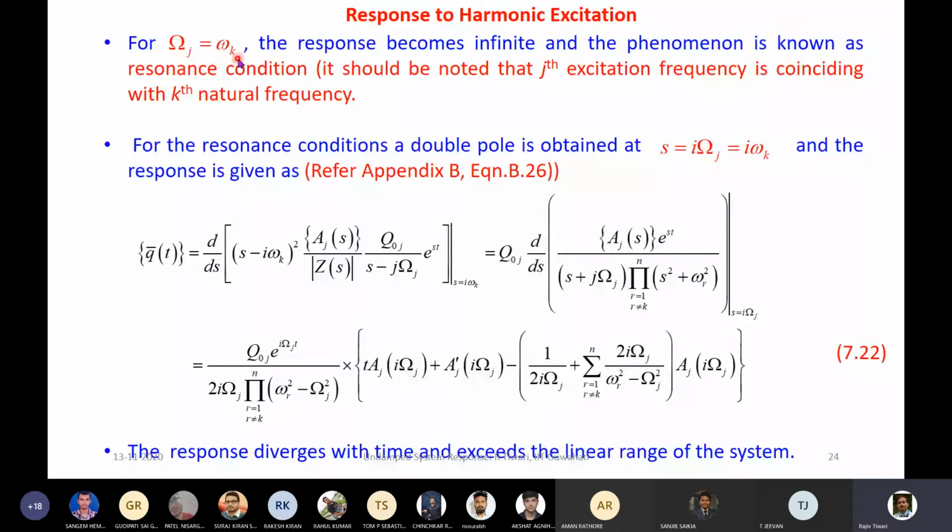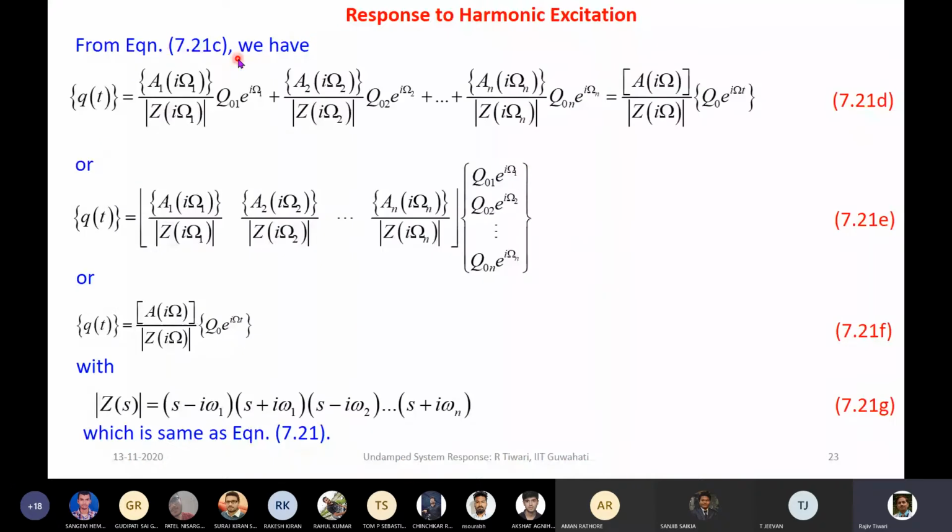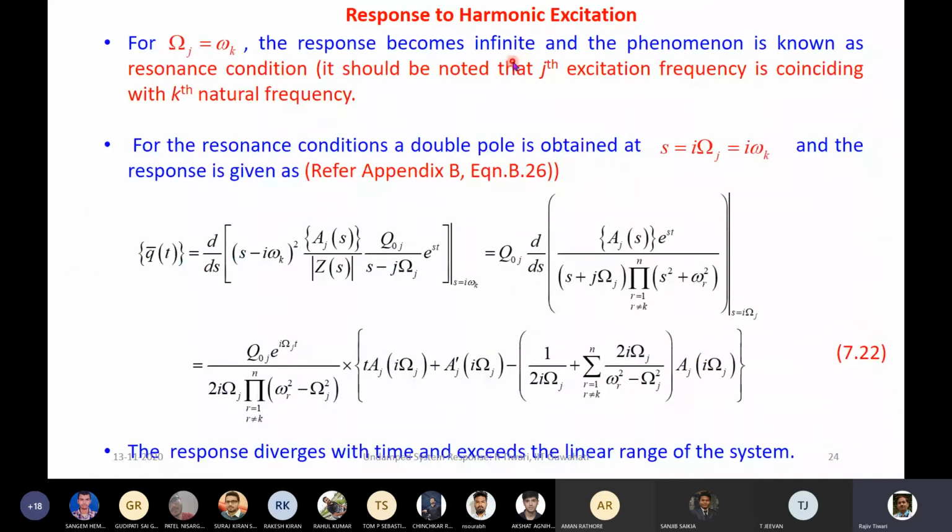If we substitute s equal to i omega j, and omega j is equal to omega k, this will become 0. So the response becomes infinite. This is called the resonance condition.